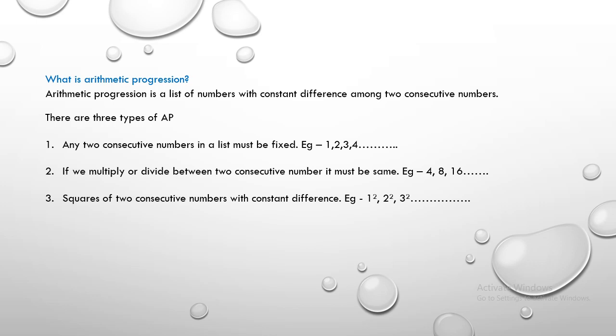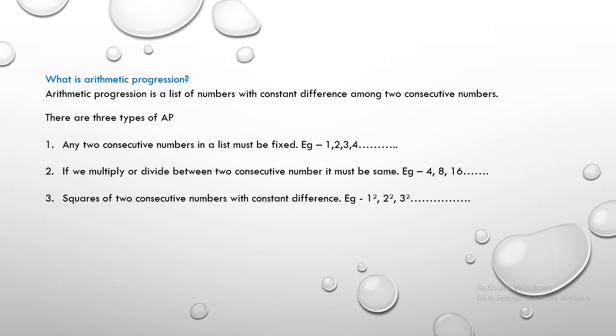But in the second type, the relation between consecutive numbers is constant through the list, but the relation will be different: either multiply or divide. In the first, the relation is addition or subtraction. The second type is also known as geometrical progression.